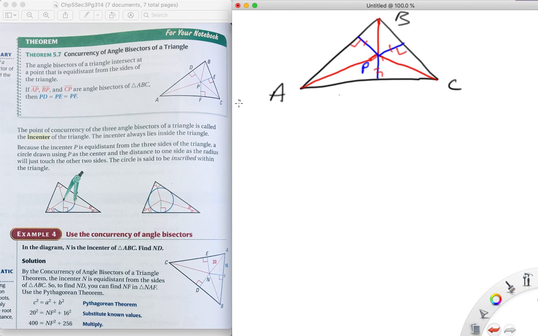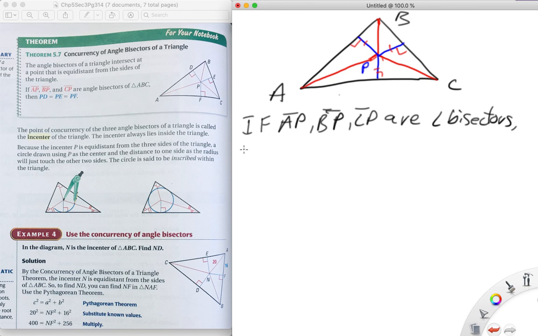So, if AP, BP, and CP are angle bisectors, then, no, I should have D, E, F. Then PD is equal to PE, which is equal to PF.